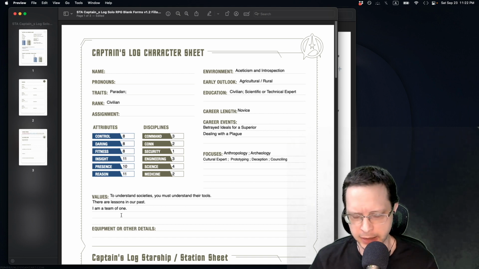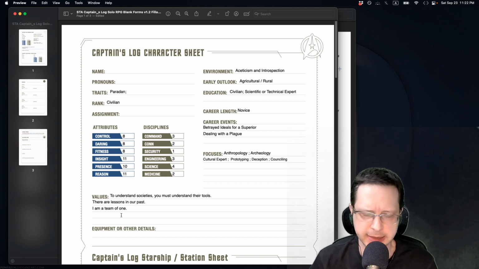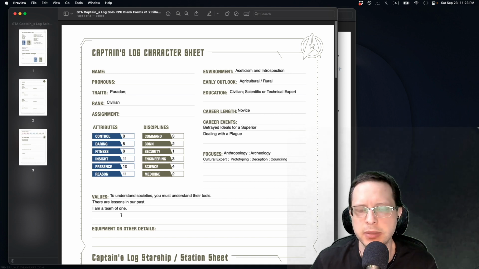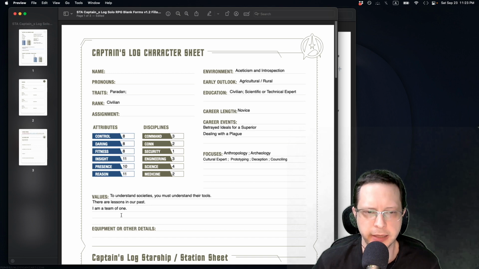And kind of like the experiences that they've had in the past. Basically, our character has kind of gotten a little scarred by the things that they have gotten to experience. Some of that naivete has kind of been broken.